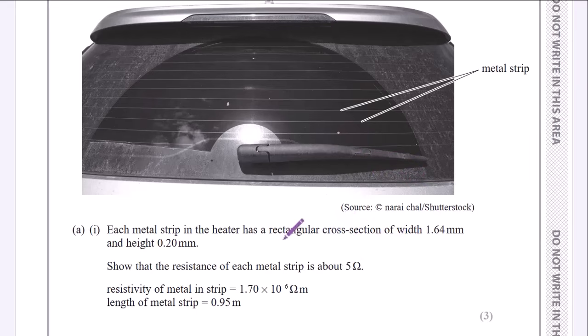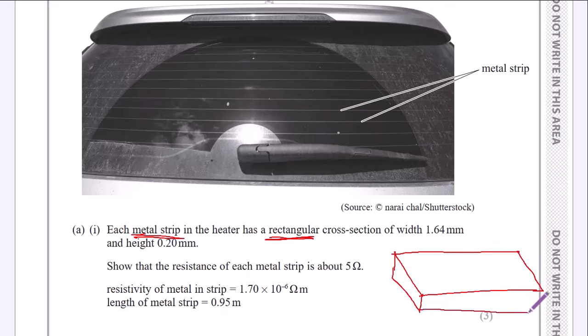So it clearly says it's a rectangular metal strip, right? So let's draw a rectangular metal strip. And when you draw the diagram, a lot of times, even the hardest questions become easier to relate.